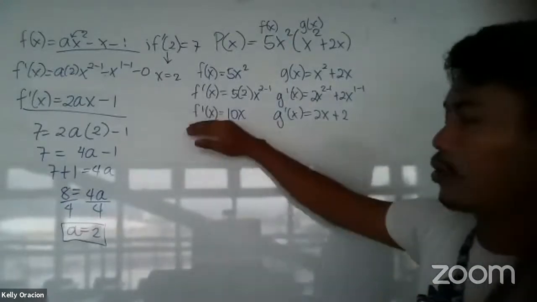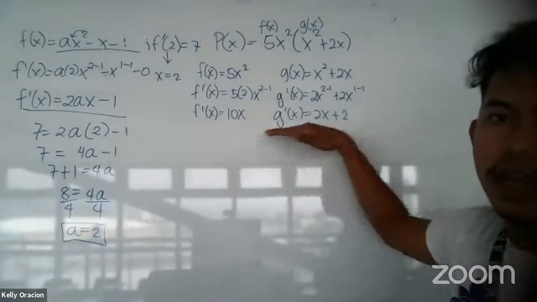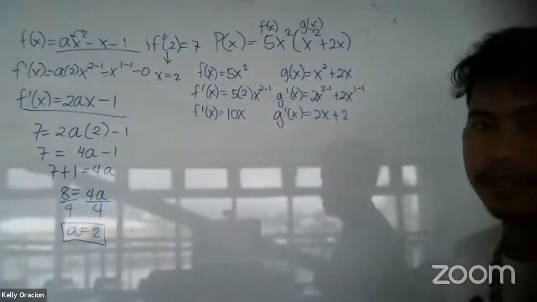So this is the derivative of f of x, and this is the derivative of g of x.